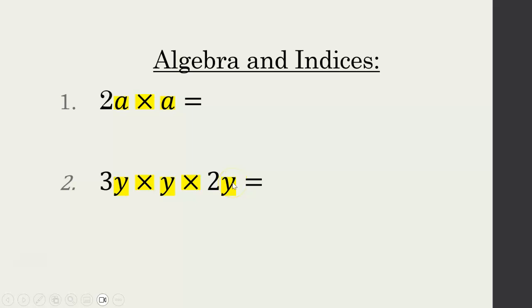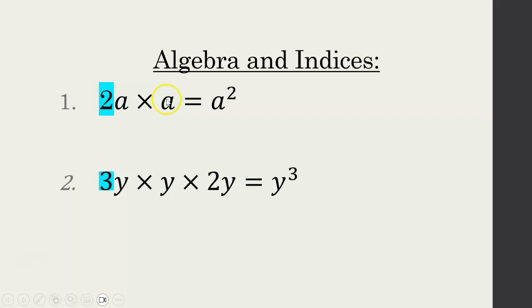So how will we do this? Let's look at the variables first. Forget the coefficients. a times a is a squared. y times y times y is y cubed. Then let's look at the coefficients in front. What's the number in front of this a? Remember, if we write a, it's just 1a.